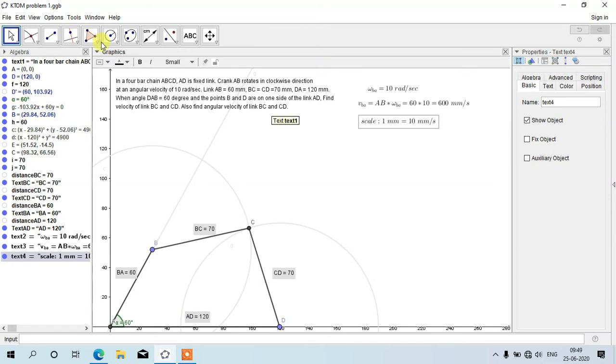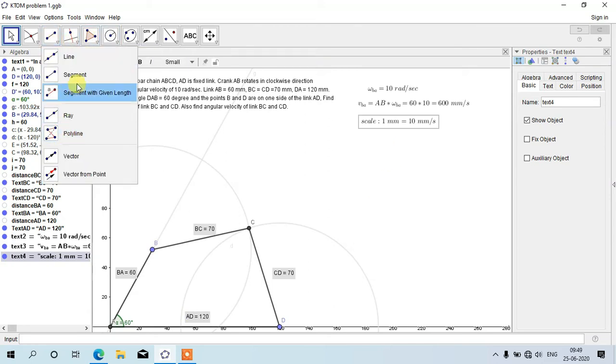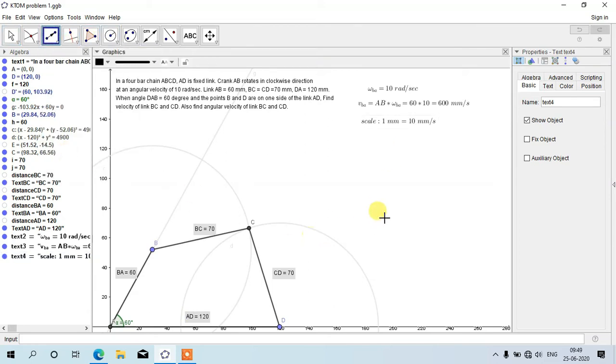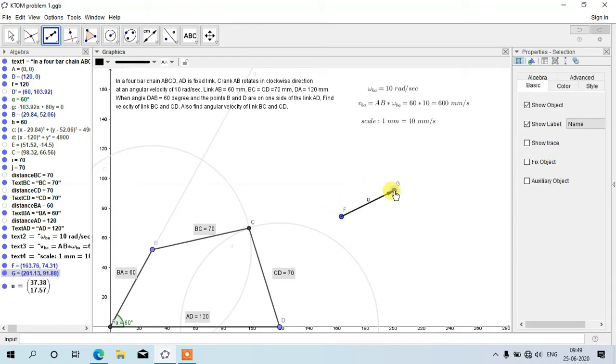Okay, so where should I draw the velocity? On any random point you can start. You can start from a point here, from any random point. Okay. First, in every problem, you have to define the velocity of the fixed link. So what will be the velocity of the fixed link?